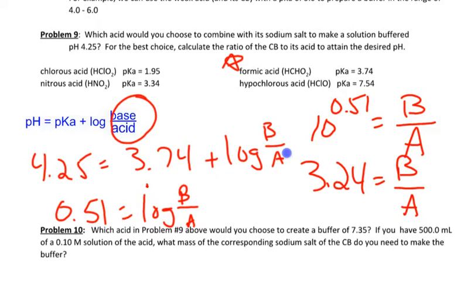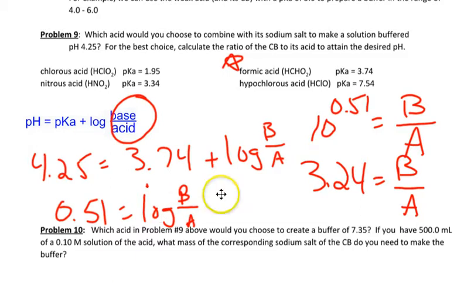Does this make sense? Hopefully you said yes, because doesn't that mean you have more of your base than your acid? Isn't that what 3.24 means? Now, what if you got a number less than 1? That means your base would be less than your acid. Your log would have been a negative term, and your pH would have been less.